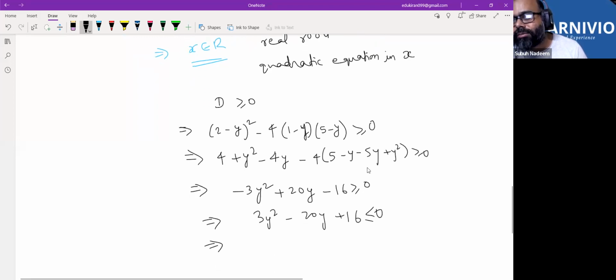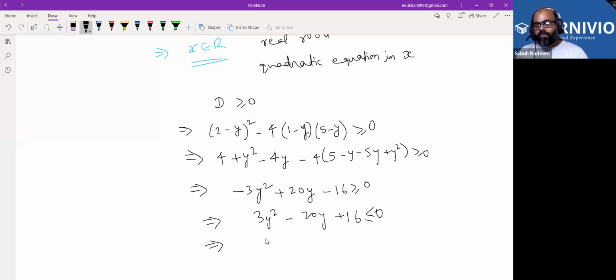So this will become minus 4y square plus y square, minus 3y square, and minus 6y plus 24y minus 4y is plus 20y, minus 20 plus 4 is minus 16, greater than or equal to 0. Fine. 3y square minus 20y plus 16 is less than or equal to 0. So we took minus common.